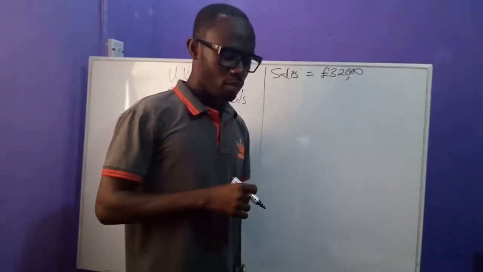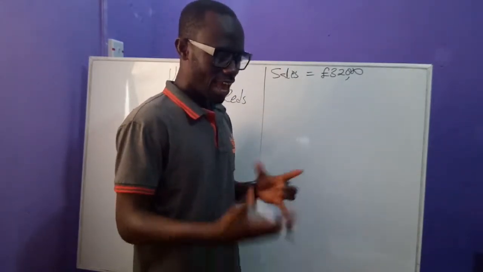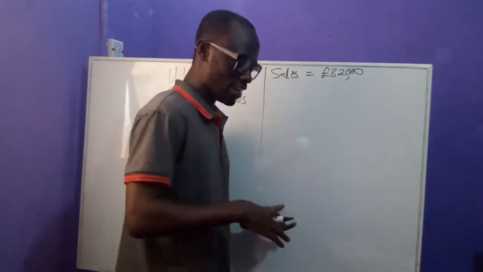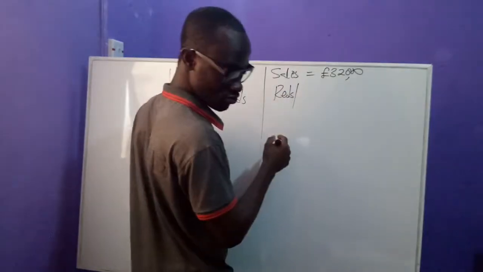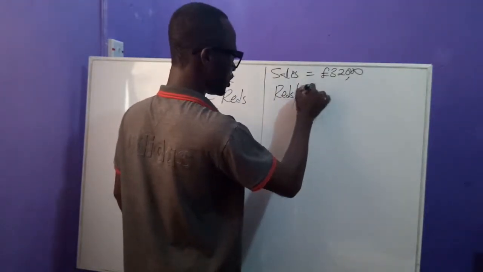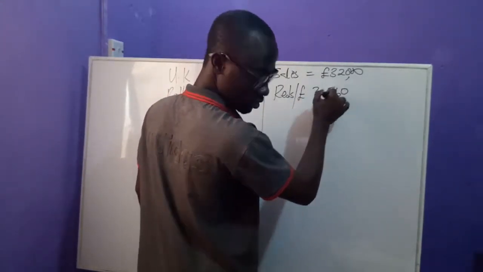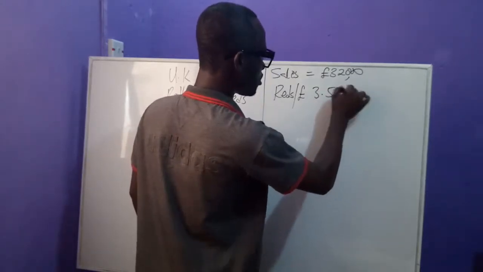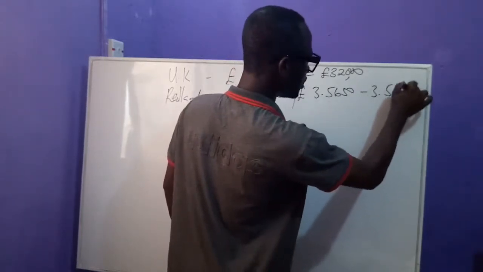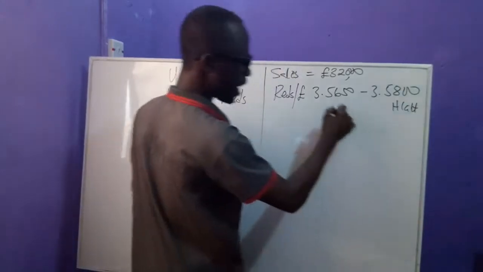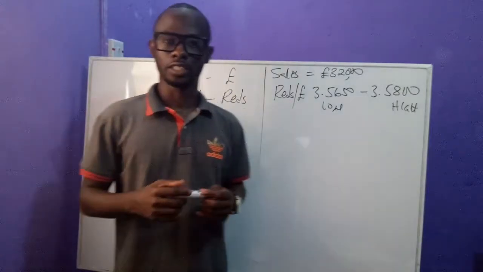At the time of the import purchase, the exchange rate for reds against sterling, so reds against the pound, is 3.5650 with a spread of 3.5800. So this is the high, the buy rate, low, the sell rate from the forex perspective.